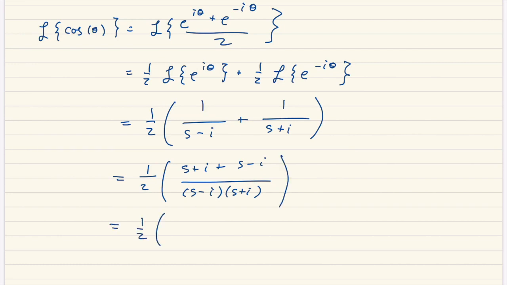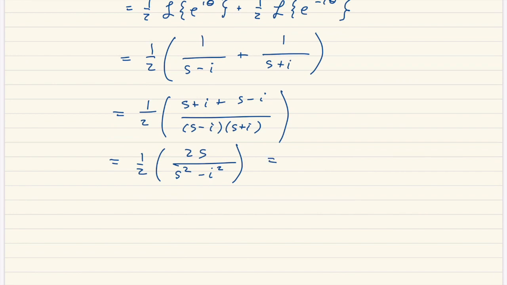In the numerator, the I's cancel. We end up with 2s. In the denominator, we're going to have a difference of squares. We're going to have s squared minus I squared. And so the 2's cancel. We end up with s over s squared plus 1, because I squared is minus 1.